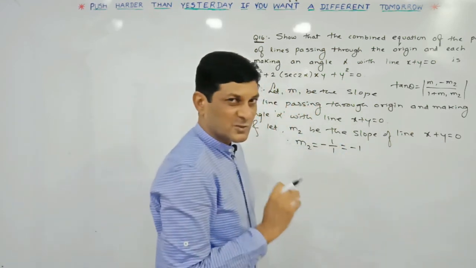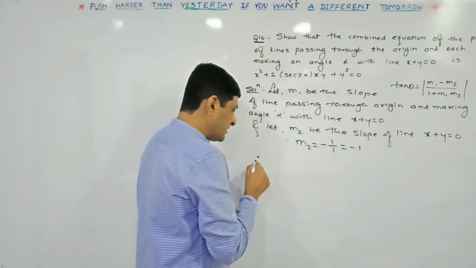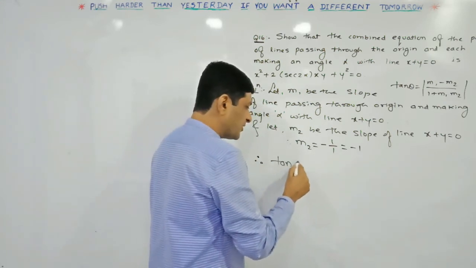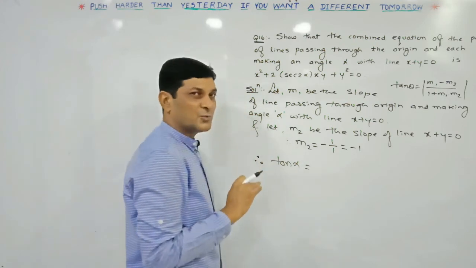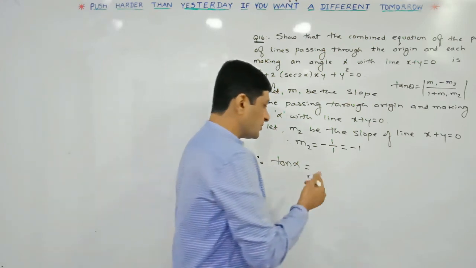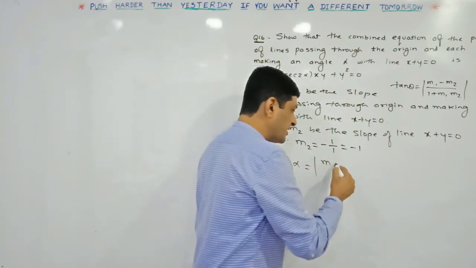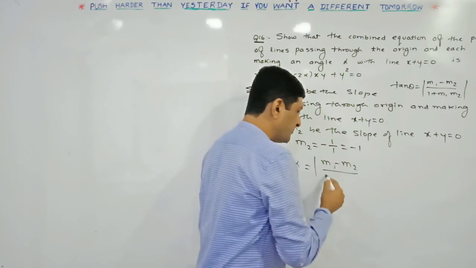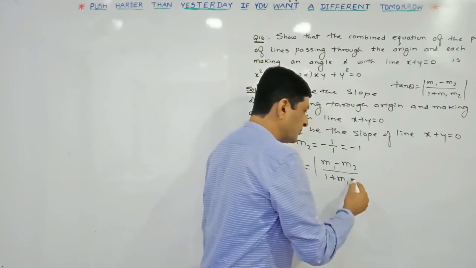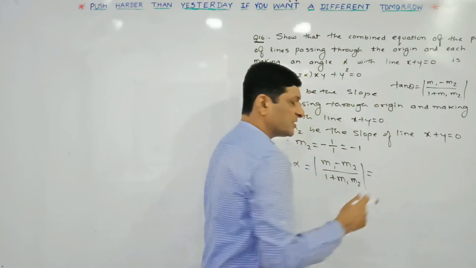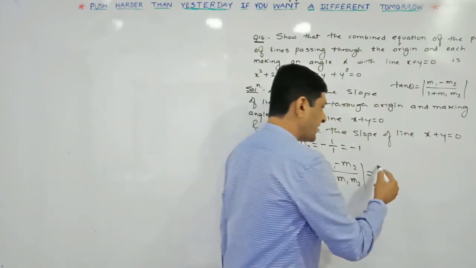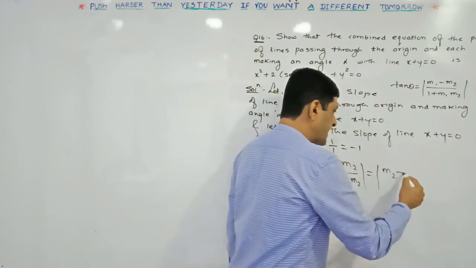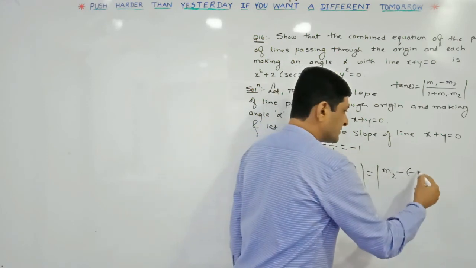Value of m2 is also known to us. Therefore we can say that tan alpha, because already the angle between these two lines we have denoted by alpha, will be equal to the modulus of m1 minus m2 upon 1 plus m1 into m2. Now remaining part is just to substitute the values. So m1 keep it as it is. We have got the value of m2, that is minus 1.